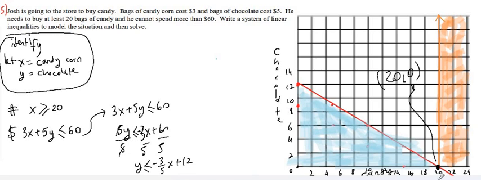And we can't go to negative numbers here because you can't buy a negative number of bags. So 20 bags of candy corn and 0 chocolate is the only solution if he cannot spend more than $60.